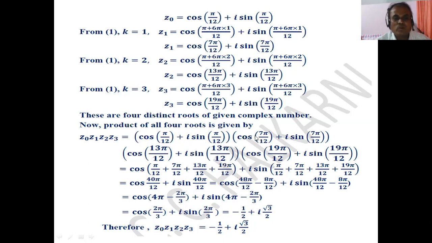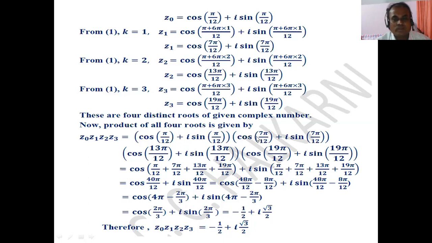So first we multiply these two factors, then we get the result cos of (π/12 + 7π/12) + i sin of (π/12 + 7π/12).